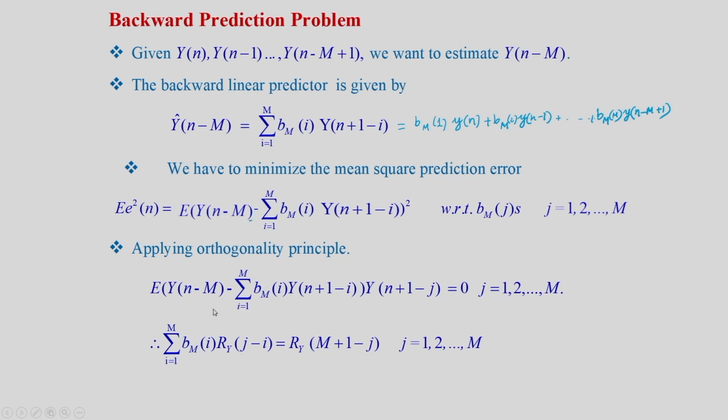Taking the expectation, we get summation b_mi into R_y(j minus i), i going from 1 to m, must be equal to R_y(m plus 1 minus j). So, E of y[n minus m] into y[n plus 1 minus j] gives us this. This set of equations is for j equal to 1, 2 up to m.